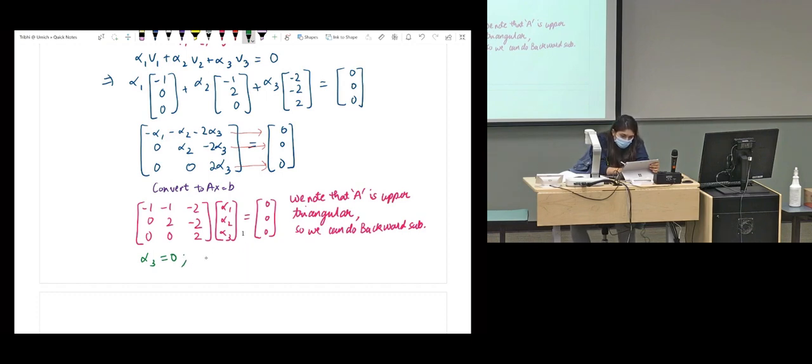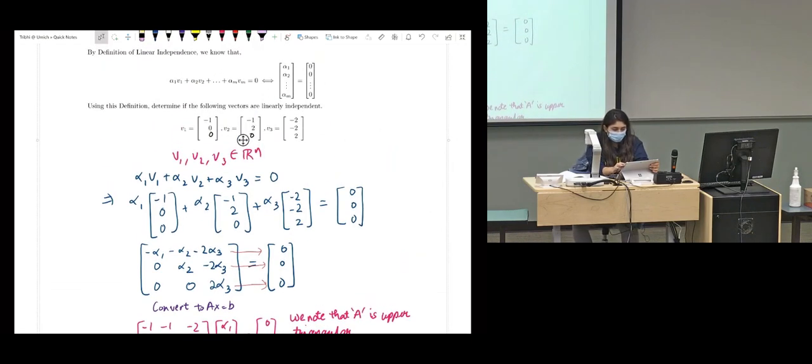And then the next equation is 2 alpha 2 minus alpha 3 equals 0, which gives you alpha 2 equals 0. And then from the first one also, you will very easily get alpha 1 equals 0.